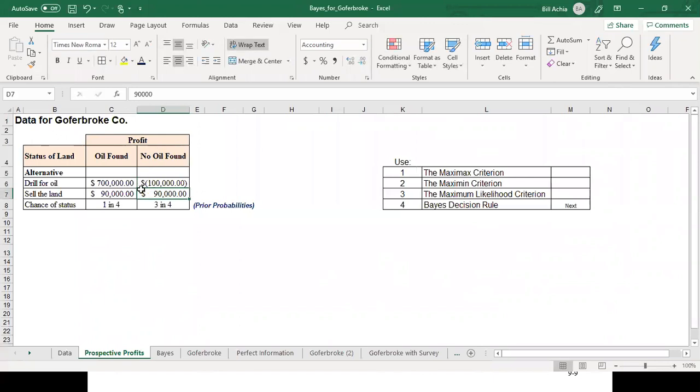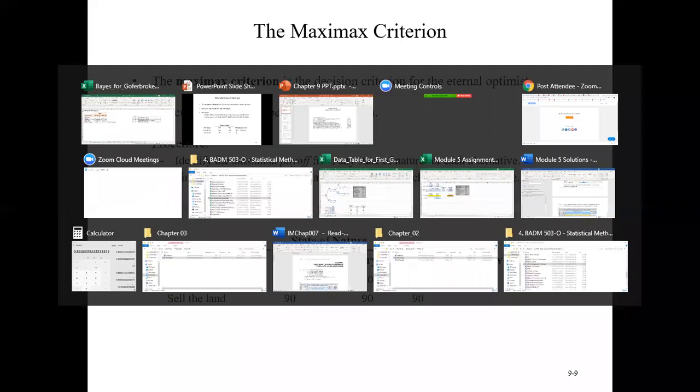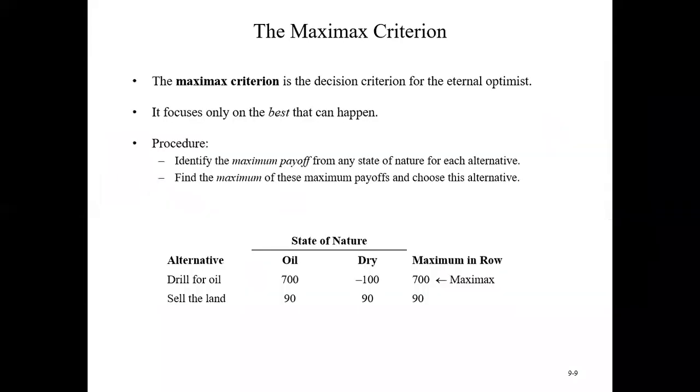With these options, if we decide to use a Maximax approach, we would look at the different values here and ask ourselves what the maximum value is amongst the different alternatives available to us. If we decide to drill for oil, the maximum return would be 700,000.